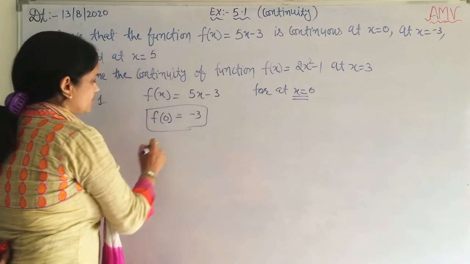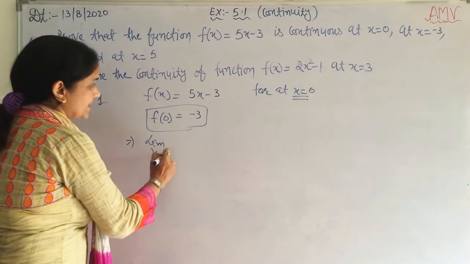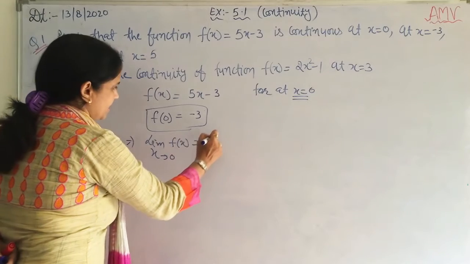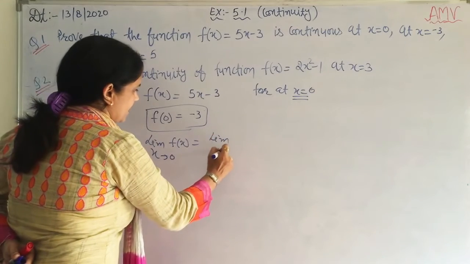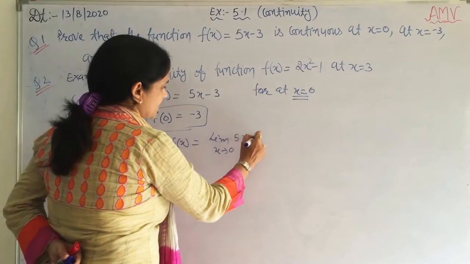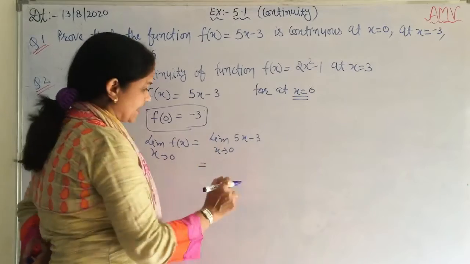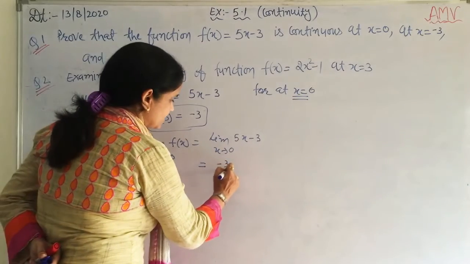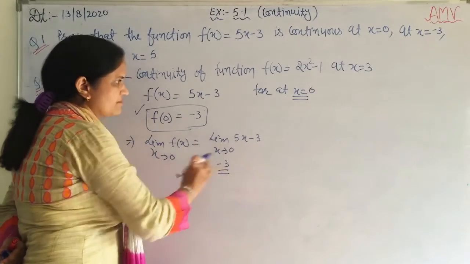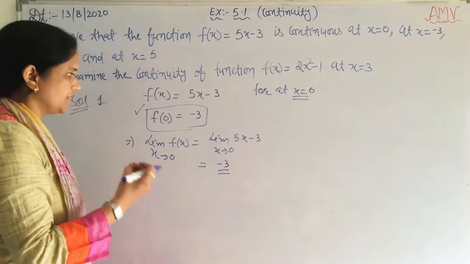Now find the limit as x tends to 0 of f(x). Here f(x) is 5x minus 3, so write 0 in place of x. It is minus 3. So the value of the function and the limit are both minus 3. Both are equal, so the function is continuous.